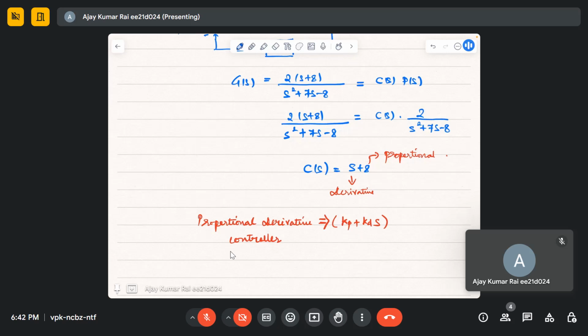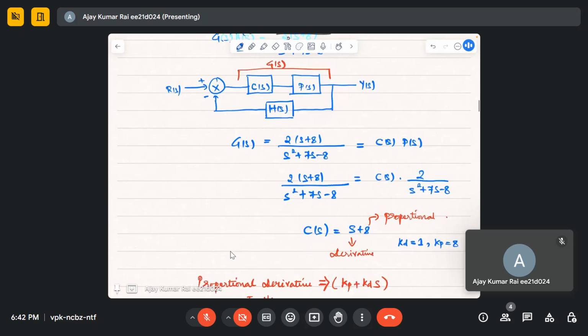If you compare with Kp plus Kd into s, you can see Kd is equal to, just see what is the coefficient for s? 1, right? And Kp is equal to 8, right? So this is a proportional derivative controller.